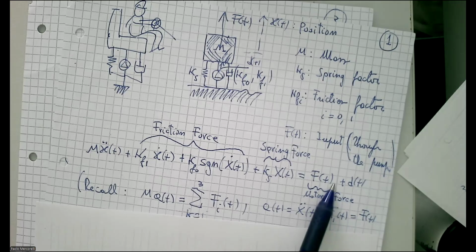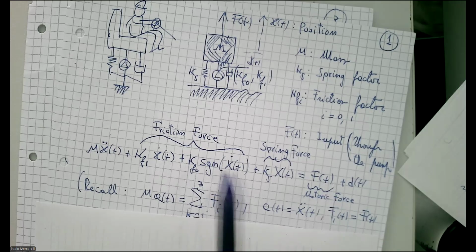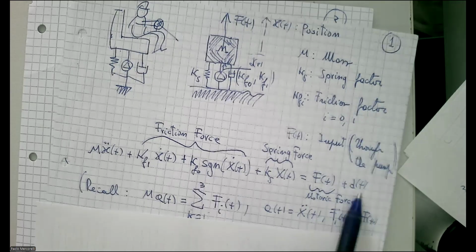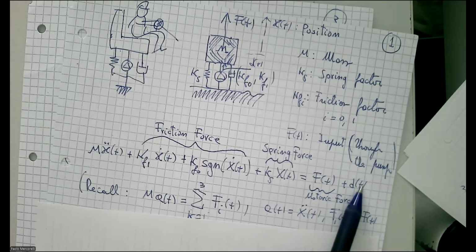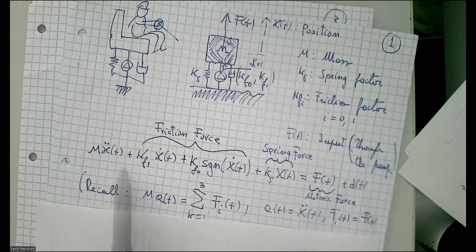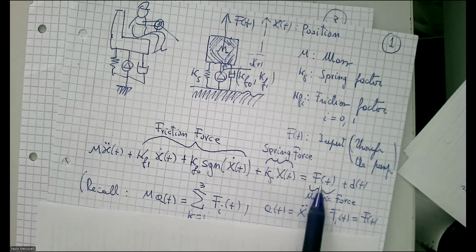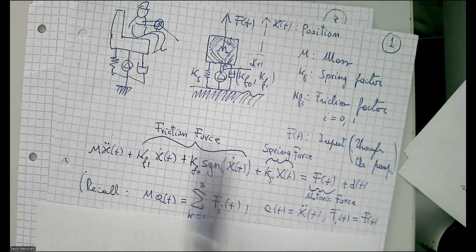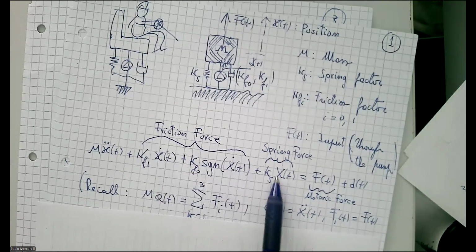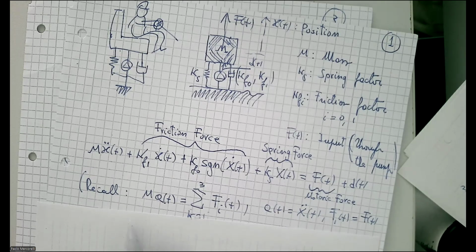Against the force, or better to say, against the velocity. But if you put it in the other part, we can see better the Newton law. Inertia equals motoric force, disturbances, minus friction forces, minus spring force. I told you about that. Exactly here.